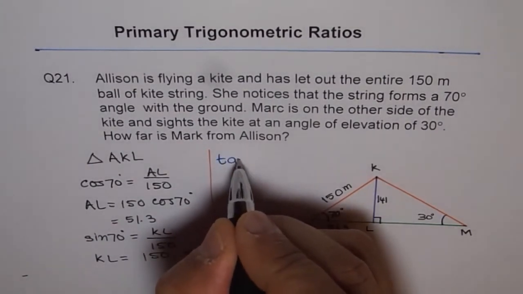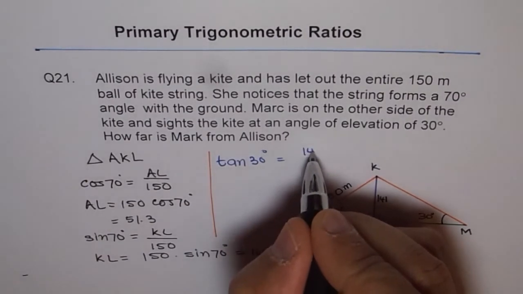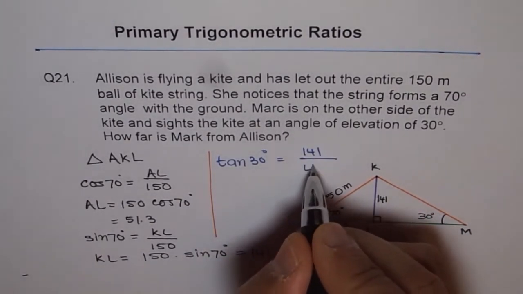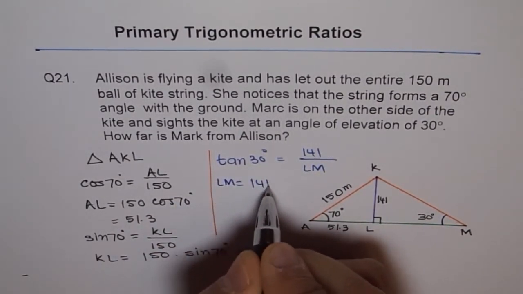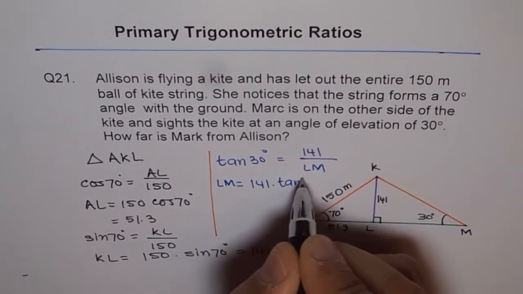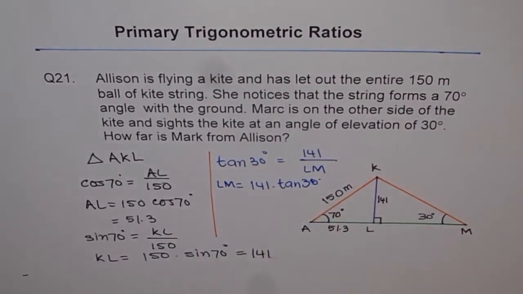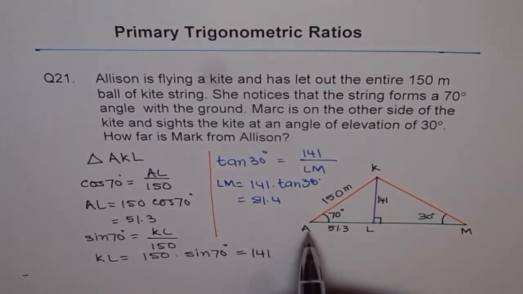So tan 30 degrees is equals to opposite side of 141 over adjacent LM. So from here LM is equals to 141 times tan of 30 degrees, which is 81.4, right?